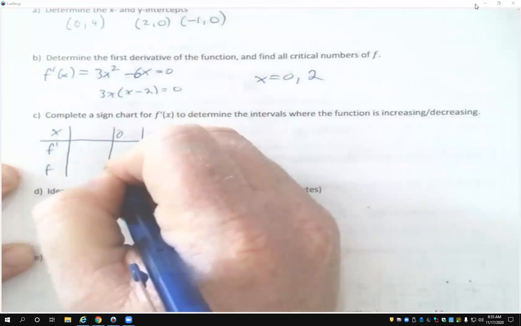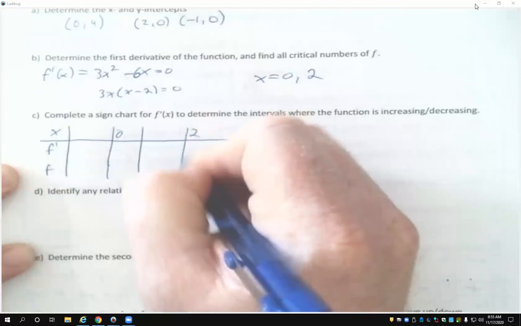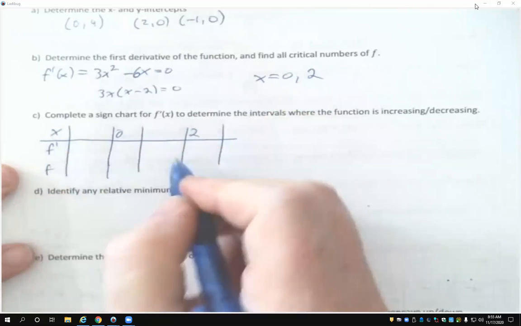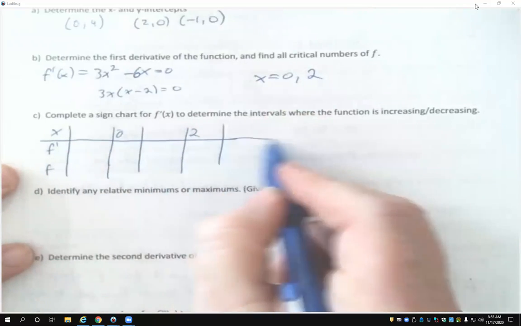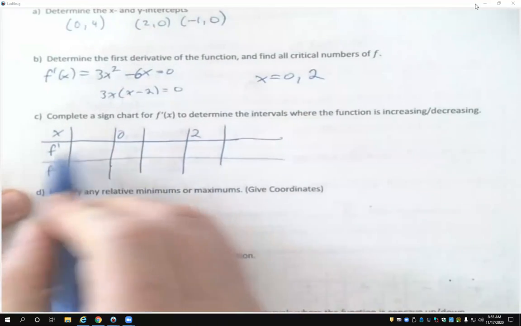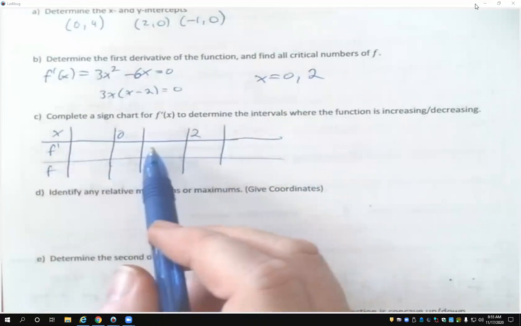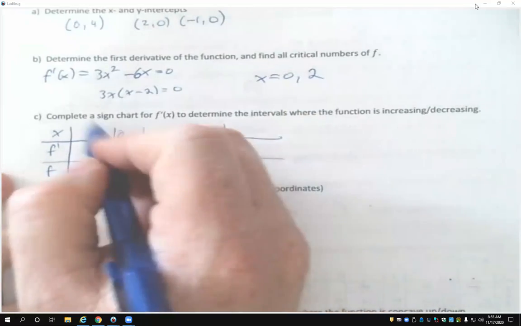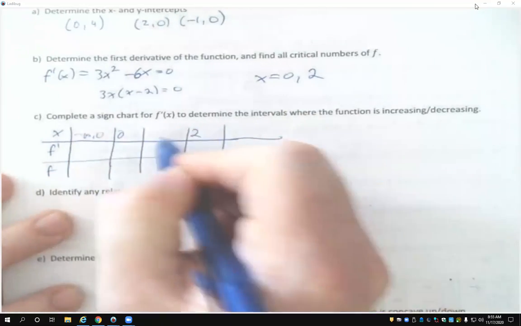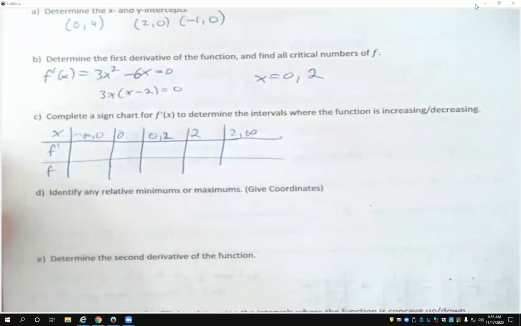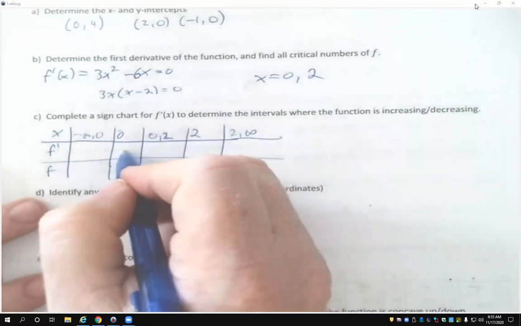Less than 0, so negative infinity to 0, between 0 and 2, and greater than 2. You can be kind of casual with your sign chart as far as the AP exam goes, but I want you to make sure you're filling it all out for me. So you would put negative infinity to 0, 0 to 2, and 2 to infinity up in here. We know these are zeros.